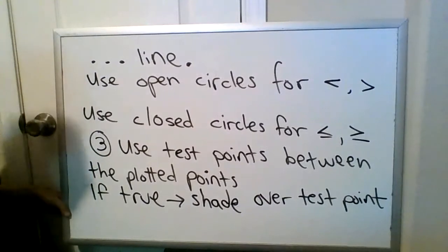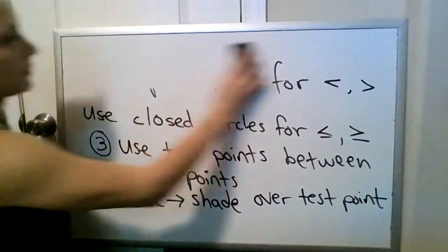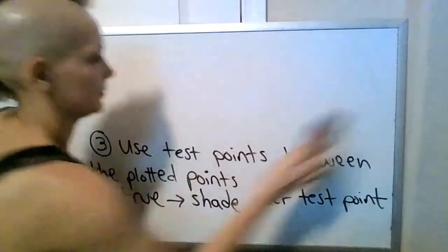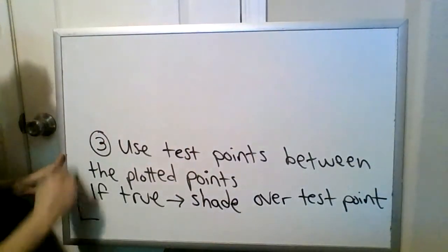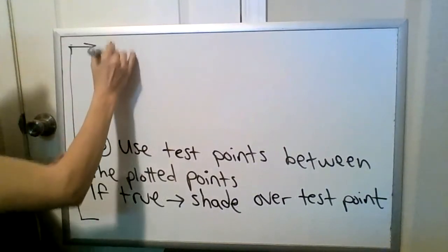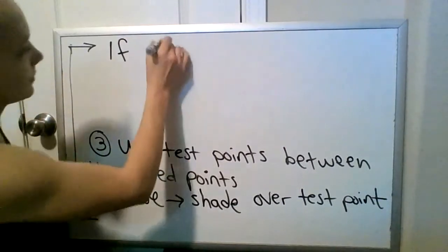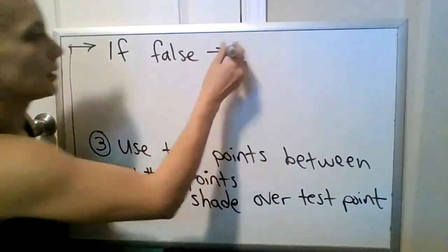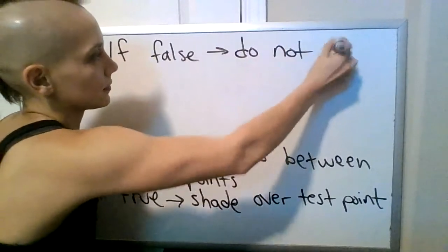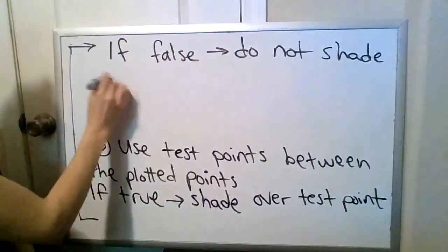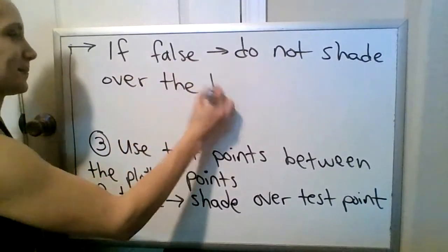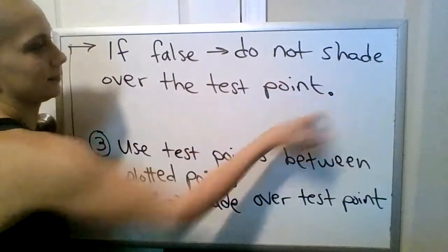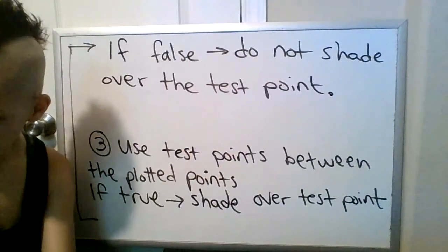If it's false, do not shade over the test point. Again, false means do not shade. And I think that's it.